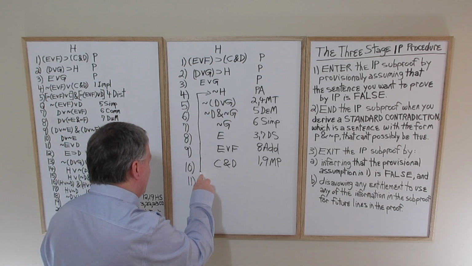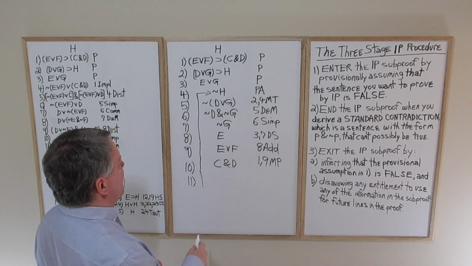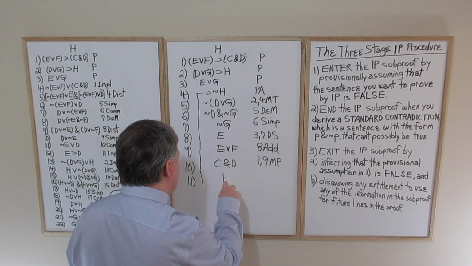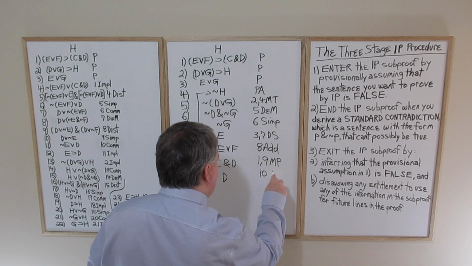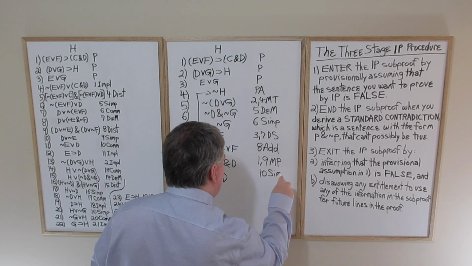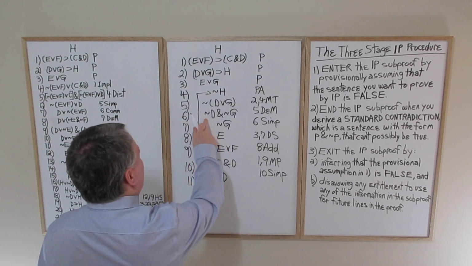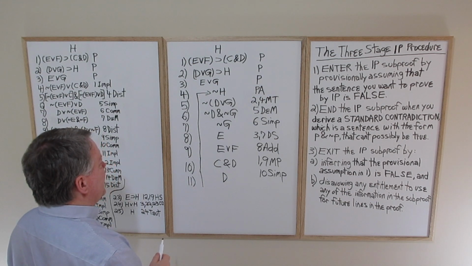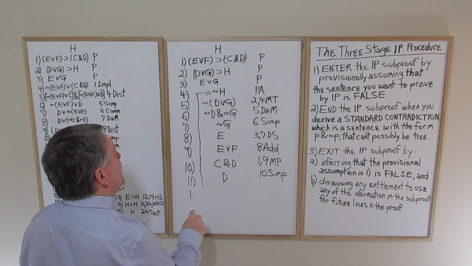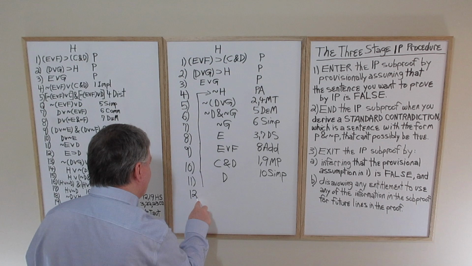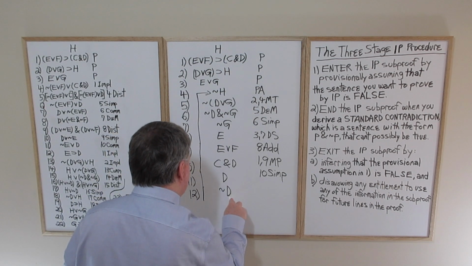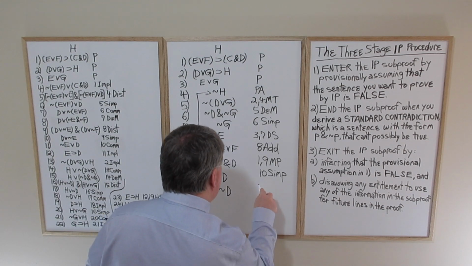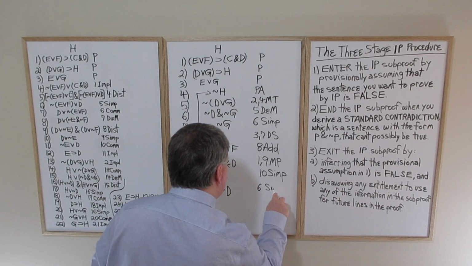Hopefully, you will have spotted the occurrence of D-related information in line 10, 10 simp, and more D-related information in line 6, namely tilde D, so that's 6 simp.